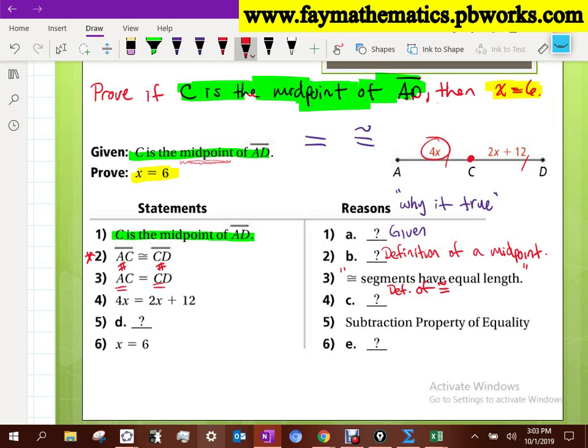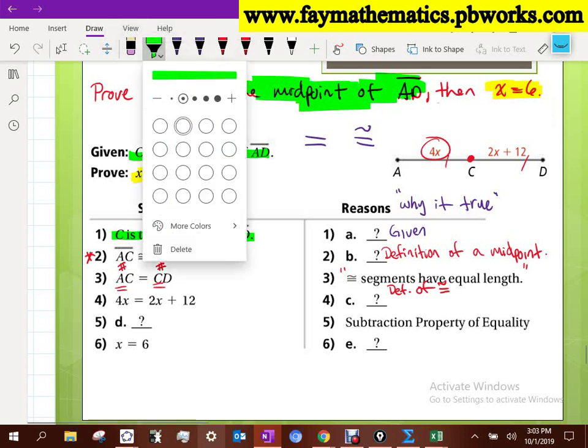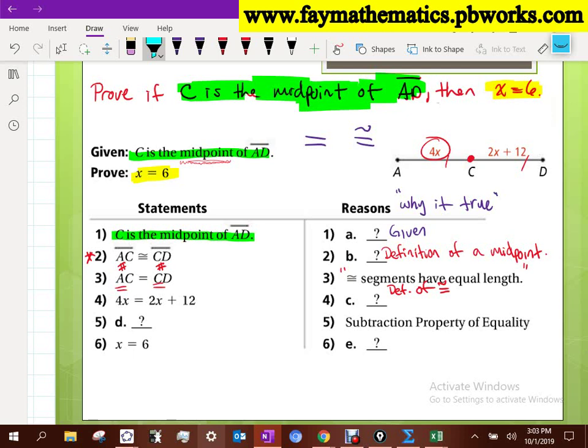So what I want you to recognize here is that steps 3 and 4 are the exact same thing. But wherever I saw AC, I replaced it with what it was equal to, 4X. Wherever I saw CD, I replaced it with what it was equal to, 2X plus 12.